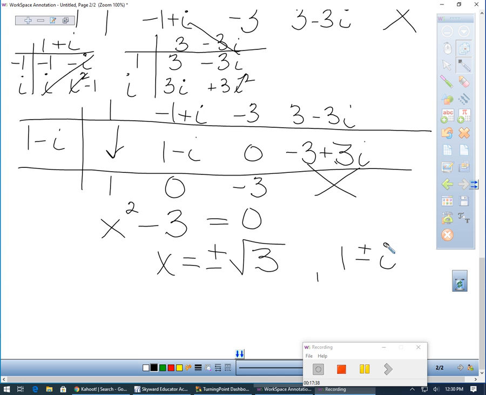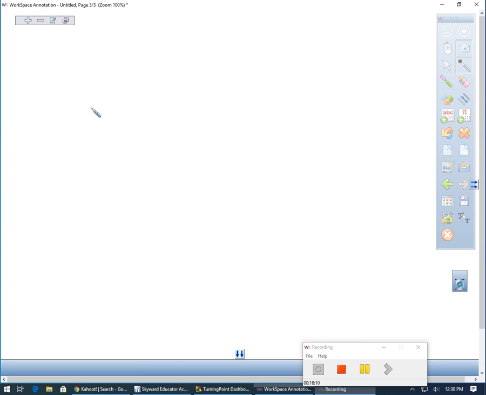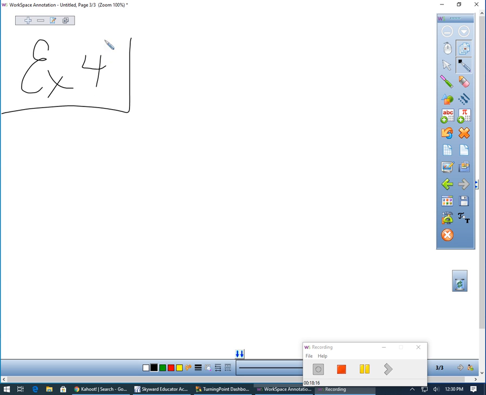All right, so here's what I want to do. Here is example number, what am I on? 4. This is actually going to be in the first section, 22 through 26. Just trust me, 22 through 26.